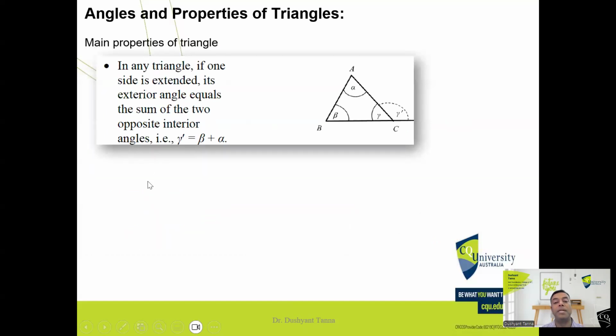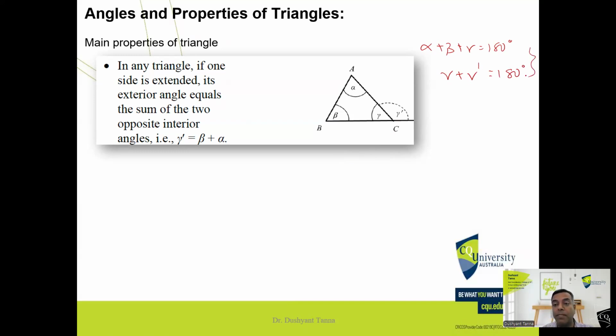Right, so this is the property I was mentioning, because we know that alpha plus beta plus gamma, I'll write it on the side, is 180, called interior angle. At the same time, gamma plus gamma dash makes up 180, because they are supplementary.